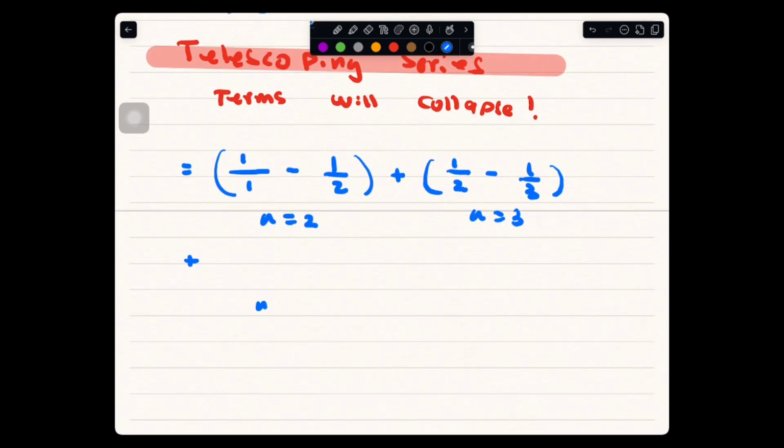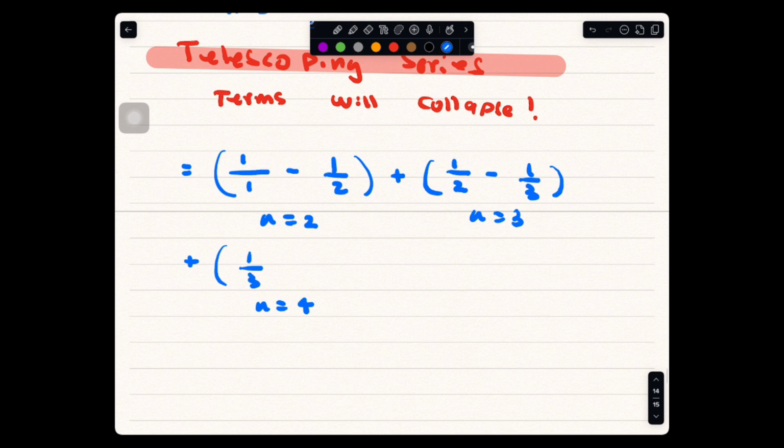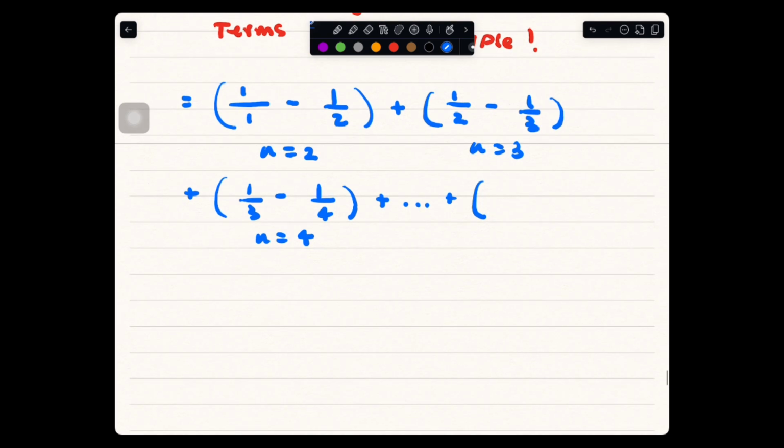Now, what do the terms look like when n is 4? That'll be 1/3 minus 1/4. Okay. And we're going to go all the way up to, I might say, n equals big N minus 1.